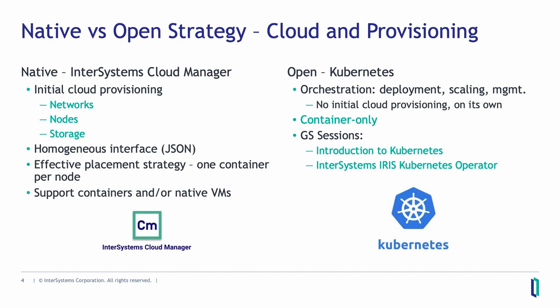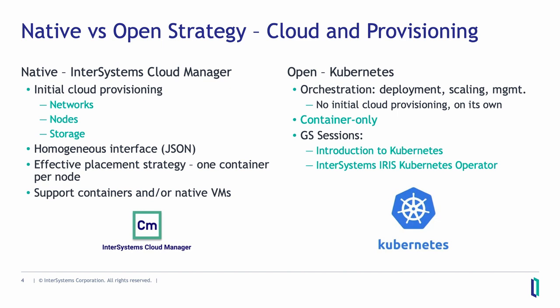ICM not only has built-in support for the various cloud providers, ICM also has VMware vSphere and bare metal support, along with either container or what we call a containerless deployment model. So it's completely your choice. And that's what we would consider our native.